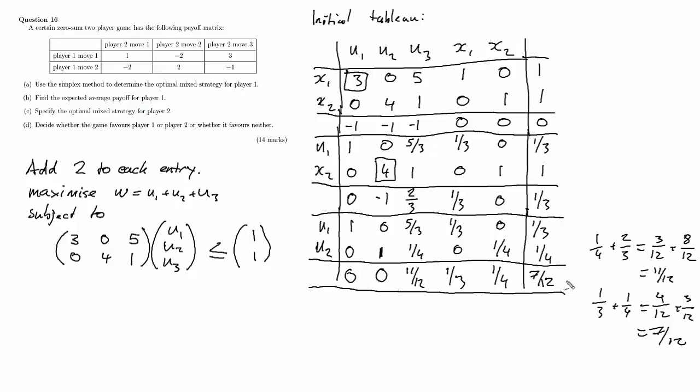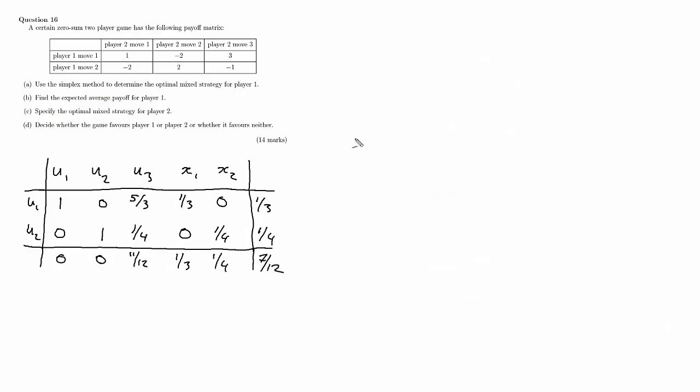Now that we've finished the simplex algorithm, we can extract all the information we need from the final tableau. Let me just relocate it over here. Our values for u are given by the values in the right-hand column over here. So we have u1 is 1/3, u2 is 1/4, and there's no entry for u3, so u3 is 0.